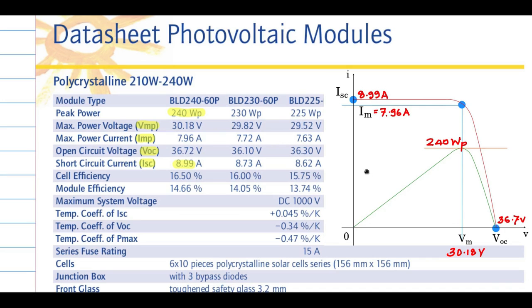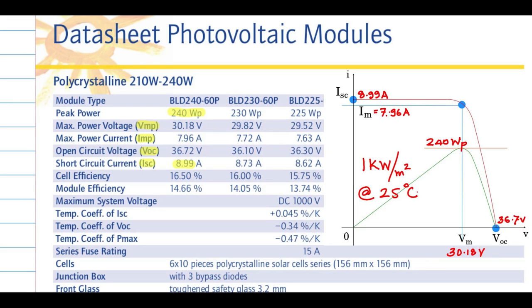So normally there is a standard incident solar power, and that is 1 kilowatt per meter square, and at a temperature of 25 degree centigrade.